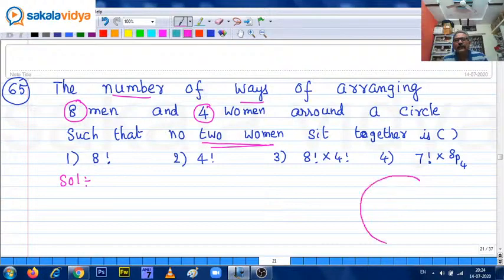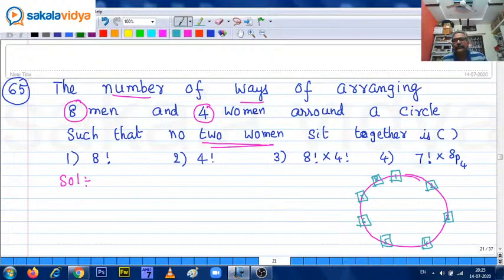So this is a circle. First we need to arrange 8 men, 1 to 8.